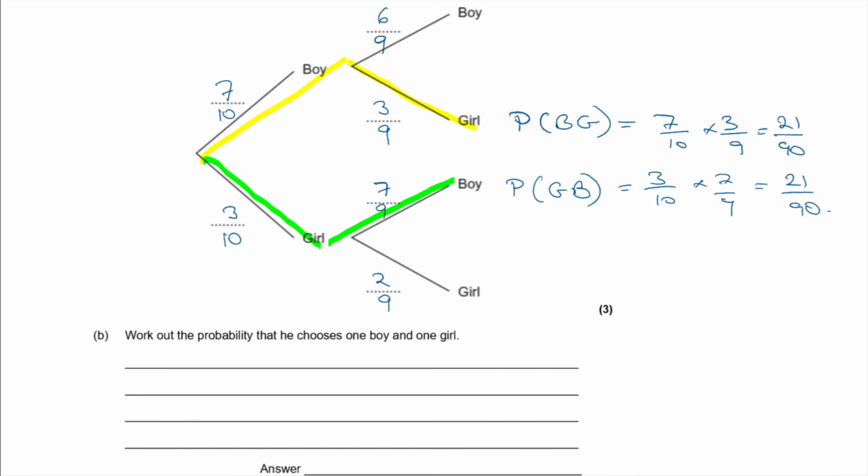So the probability then of 1 girl and 1 boy is the probability of boy girl plus probability of girl boy, because in probability "or" generally means add, which is 21 over 90 plus 21 over 90, which is 42 over 90, and that is my final answer, 42 over 90.